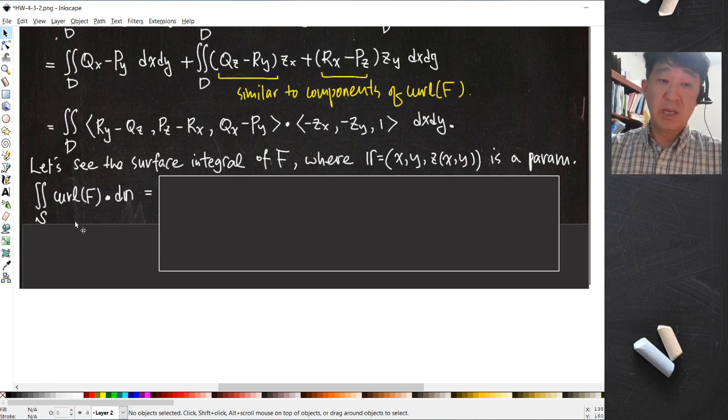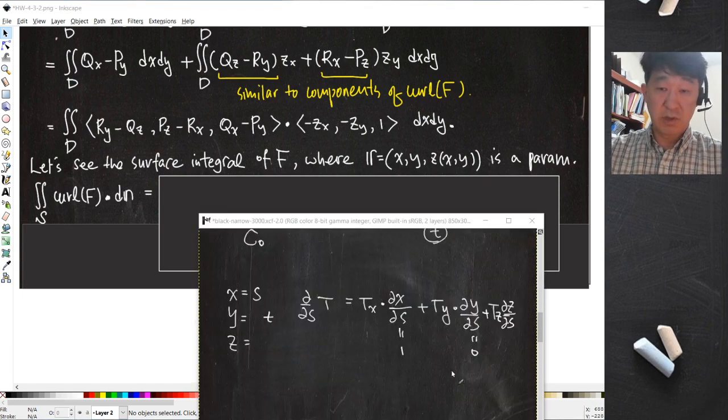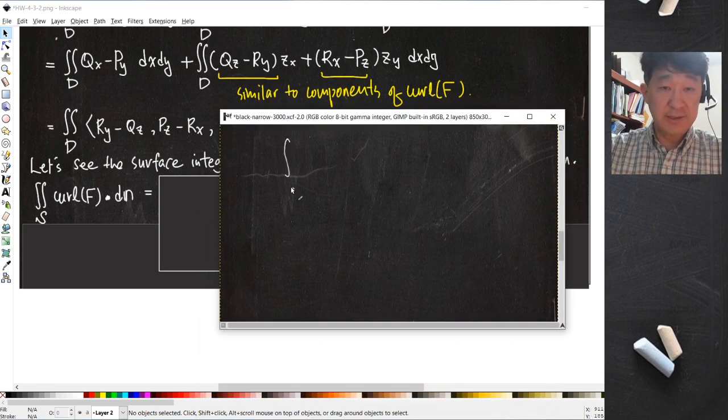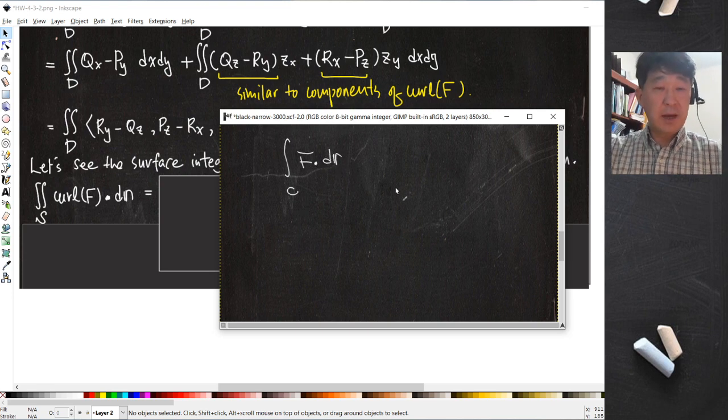So what is the very meaning of a surface integral like this? Just like a line integral, we have to use parameterization. When we see a line integral, something like that, it's a compact notation, recognizing this parameterization independence.